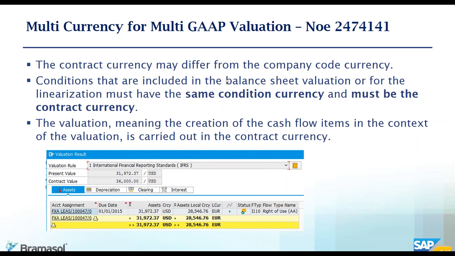It's important to note that all these entries are done through the contract currency, and that's the one that will drive all the valuation entries. Again, I've listed the note above for you to get more details related to this enhancement, if this is an issue for you. Of course, these notes are also included in future support packs, but there's great documentation that our developers have included.